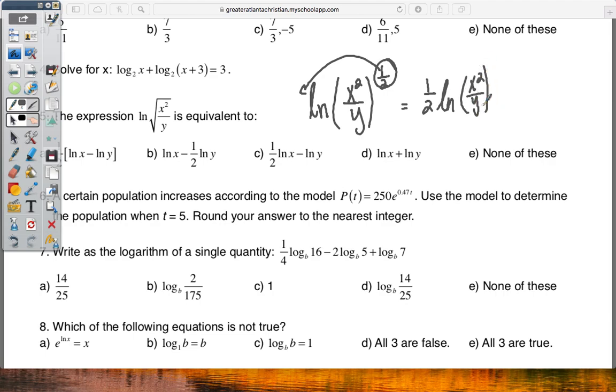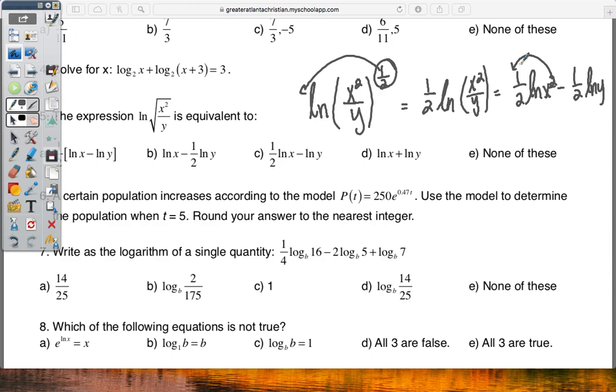Now, how can I divvy this up? How can I expand this out? ln x squared minus ln y. Minus, and be careful, the 1/2 goes there too. Yeah, good. 1/2 ln y. Now, what happens with the 2? Because this one can shoot to the front, right?